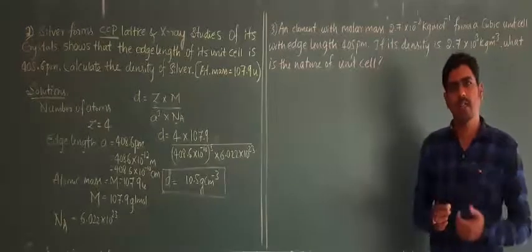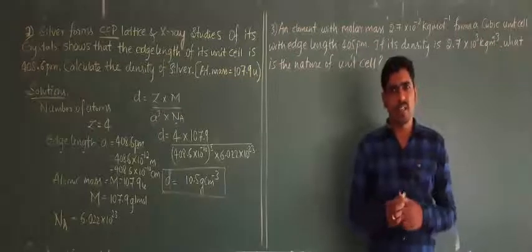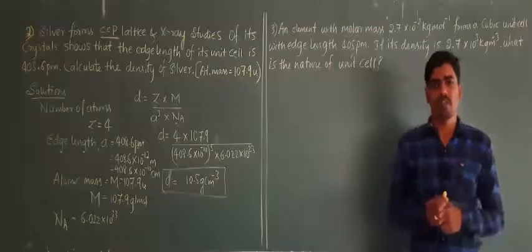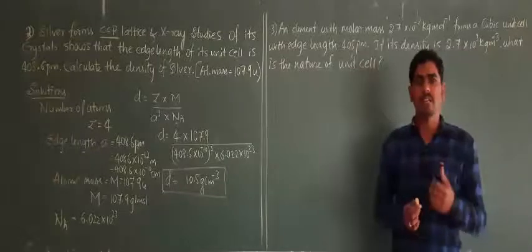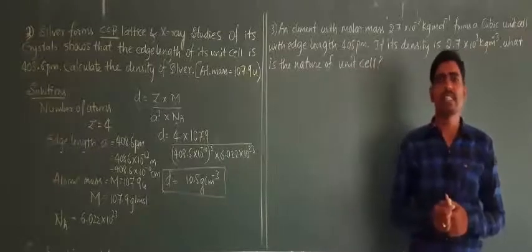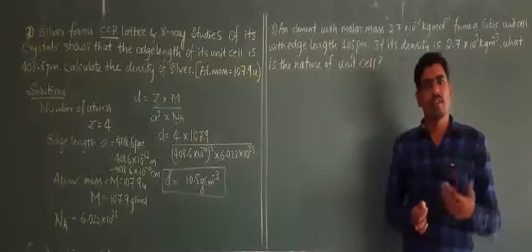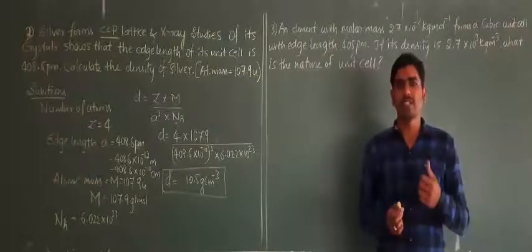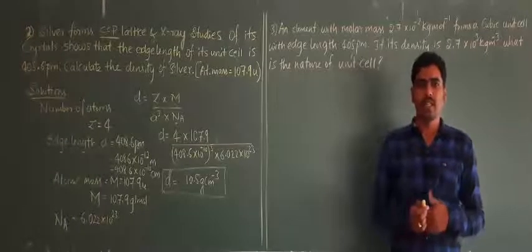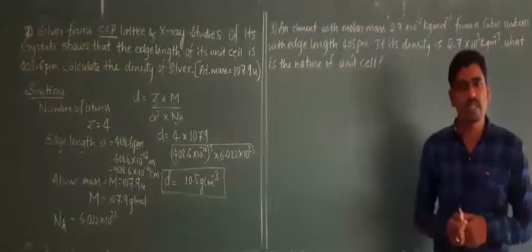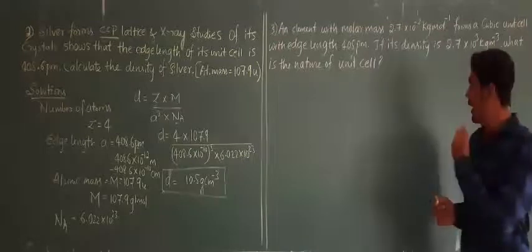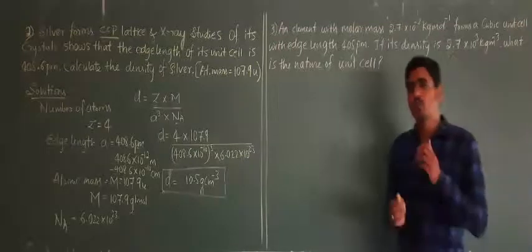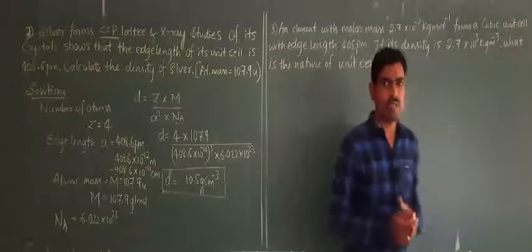If Z is equal to 4, then you can say it is the FCC or CCP lattice. And if the number of particles is 2, then you can say the unit cell is body centered cubic unit cell. So in order to find the nature of the unit cell, you should calculate the value of Z.